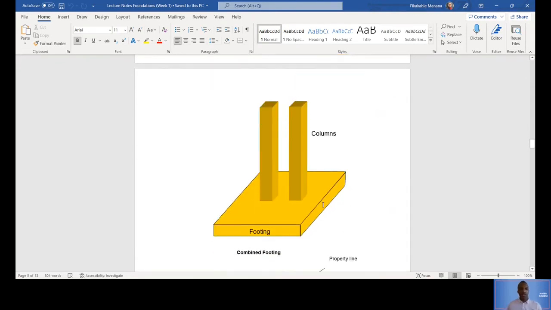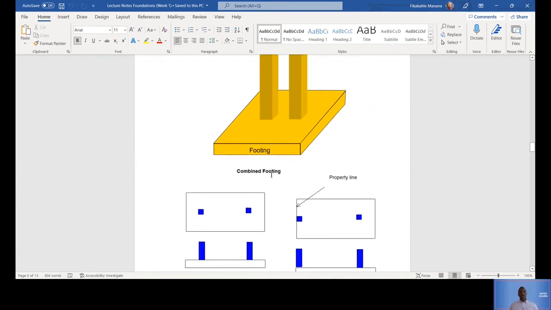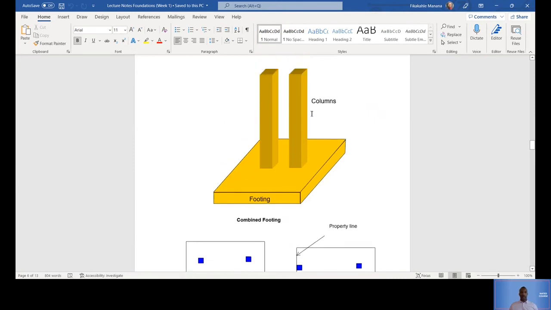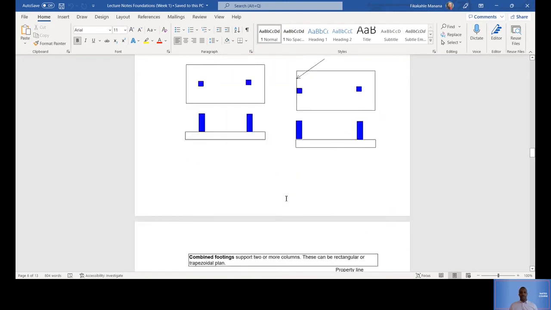And then as we continue, this one is called a combined footing. What is being combined? As you can see here, the columns are the ones that are being combined. There's two columns that are being combined in one footing. Okay, so this is a combined footing.